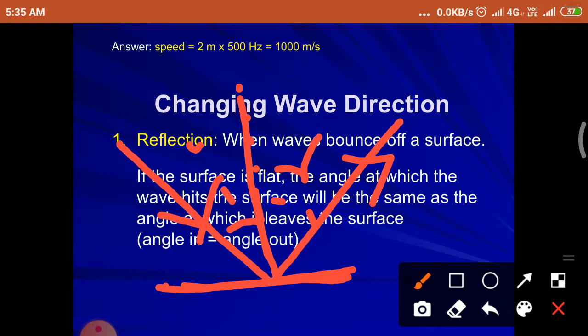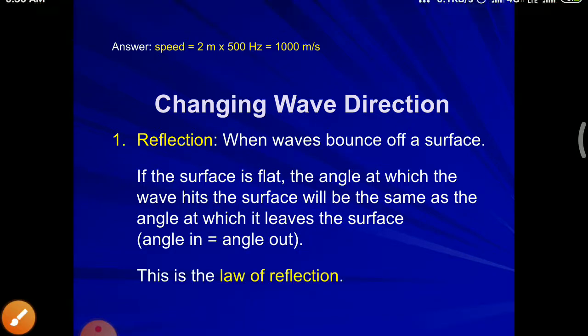If the surface is flat, the angle at which the wave hits the surface will be the same as the angle at which it leaves the surface. If it creates an angle of 40 degrees, it leaves at 40 degrees also. That means the angle of incidence is equal to the angle of reflection. This is called the law of reflection. This concept we already studied in the 8th standard.